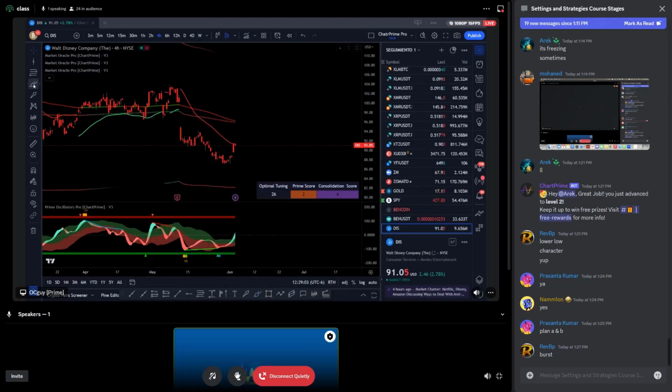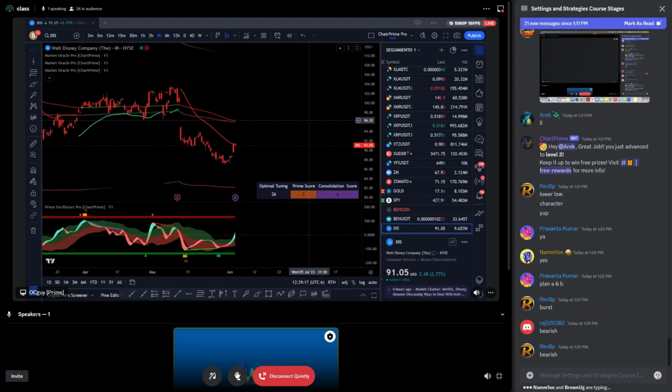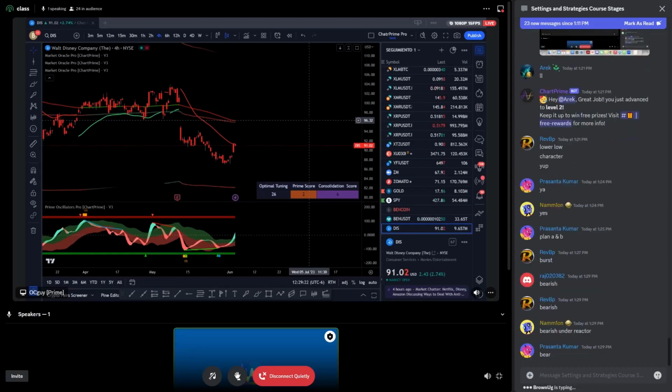So are we bullish or are we bearish? One more time, and why? Bearish, yes, bearish. And what could be a possibility for my next long?